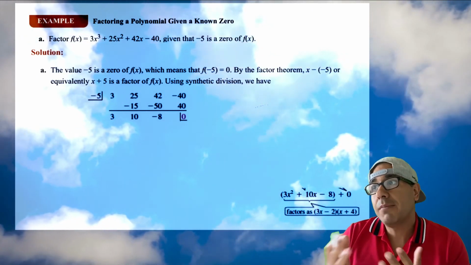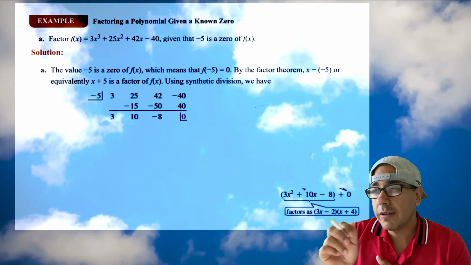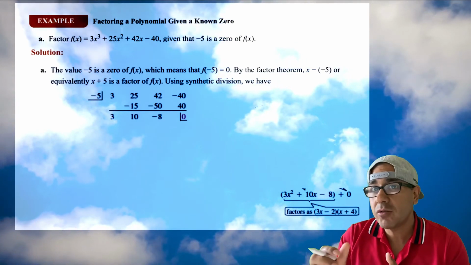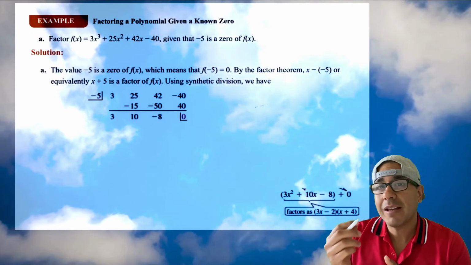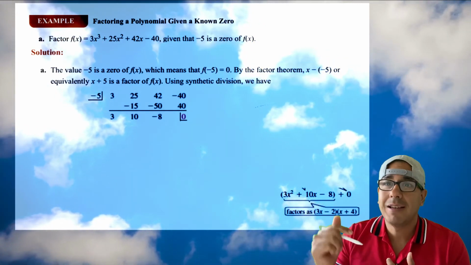Maybe I look at the function, maybe I graph it in my calculator, and one of the zeros is pretty nice. It's -5. Well, I could use that zero to find the rest of the zeros. How? Let's take a look.